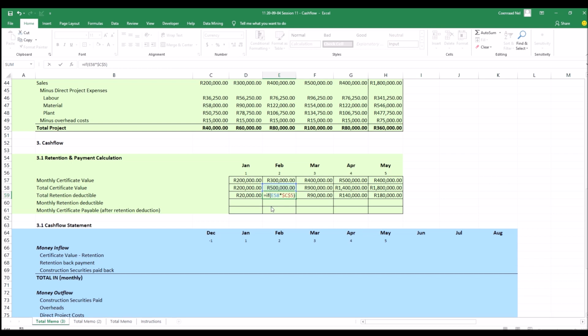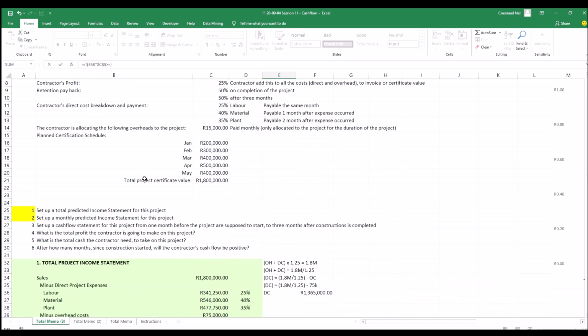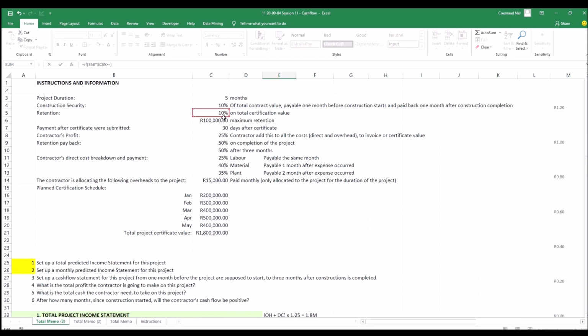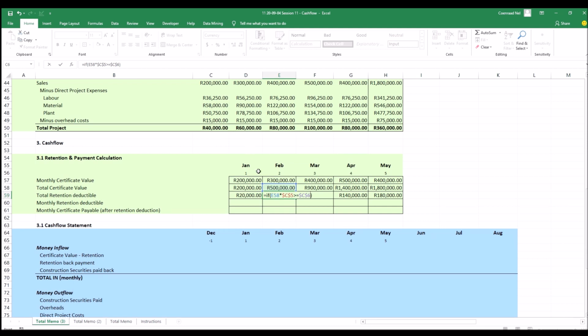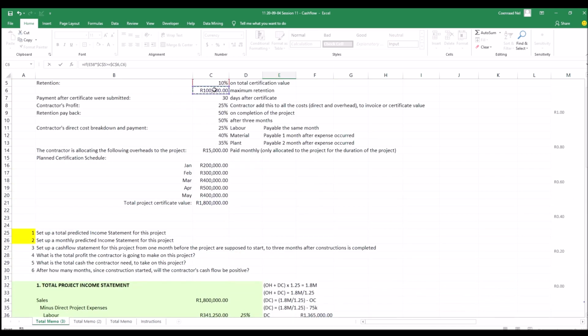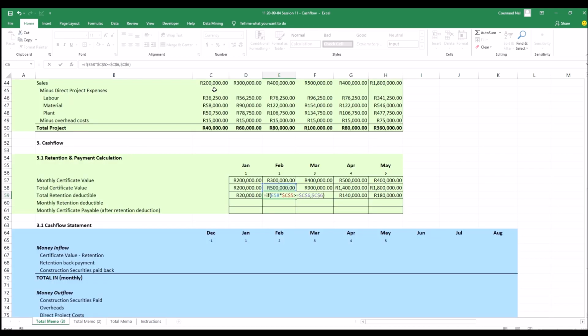If that value is bigger or equal to the total retention, there we go, the total retention, then, if it's bigger than the total retention, we must use the total retention. Otherwise, we must use this again as the value. Let's see if this works this time.